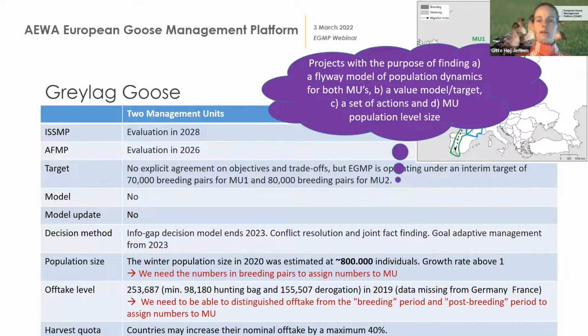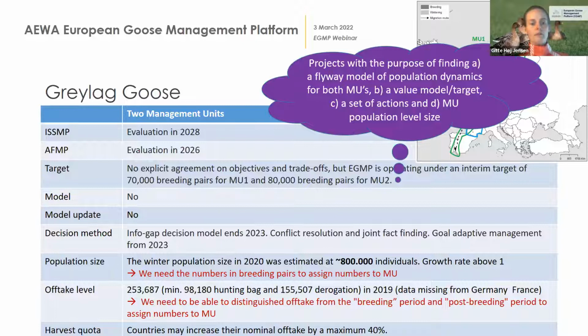Likewise, identifying a set of actions. We also have projects which are trying to estimate the management unit population size for the grey-leg goose, because when we want to manage at management unit level, we need to know the management unit level population size, and the only time of the year we can get that is during the summer period when the units are in each places.